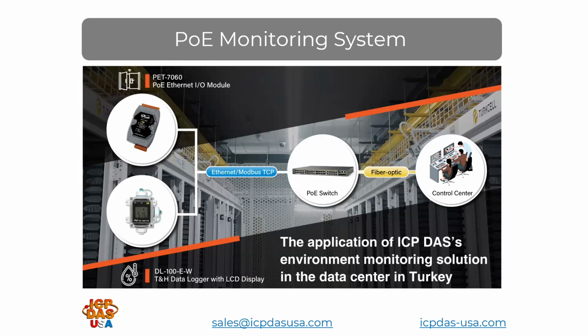The control center can read in the temperature and humidity data and can control different aspects of the data center like ventilation, cooling, and heating using the PET module. Data centers need to be maintained at a certain temperature for optimal performance and to prevent the computers and servers from crashing.